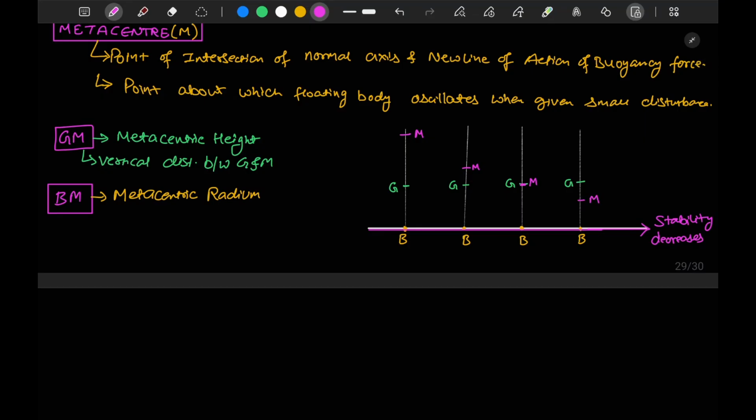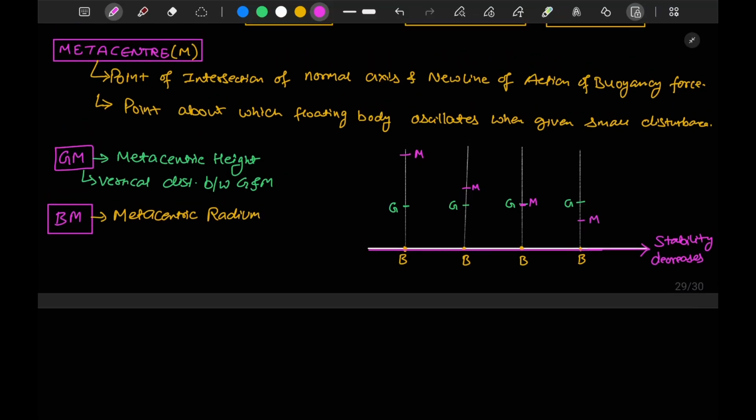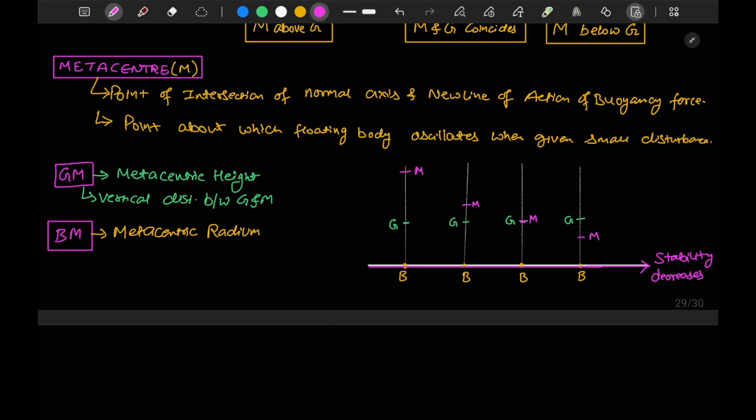Now to determine whether the system is in stable, unstable, or neutral equilibrium, I have already mentioned it here, but let me combine it into one form. But before that, let me mention one more thing. If we see GM here, if M is above G, this will be positive. So we can say that this metacentric height GM can either be positive, can be 0, or can be negative.